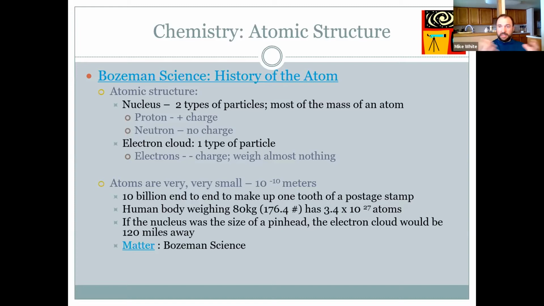So that's what keeps them together, that positive and negative. Think of a magnet. This is kind of a dumb example, but if you have two magnets and you put the like ends together, they repel away from each other. But if you flip one of the magnets around, and you have the negative charged end up against the other magnet's positive charged end, they attract to each other and they connect.